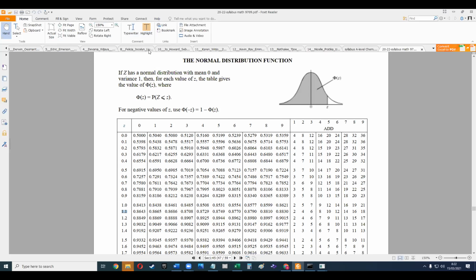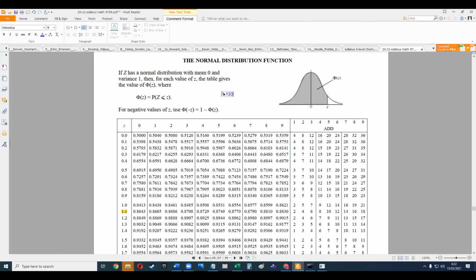Okay, I'm going to highlight it. Here, 1.13. We're going to find 1.133. First 1.1, and then go into 1.133.